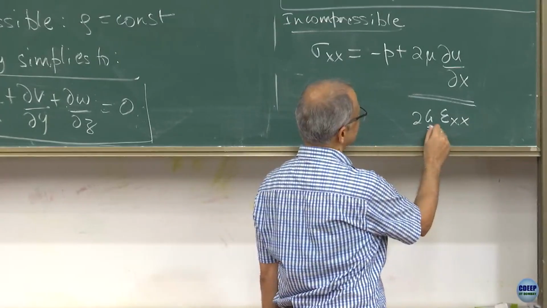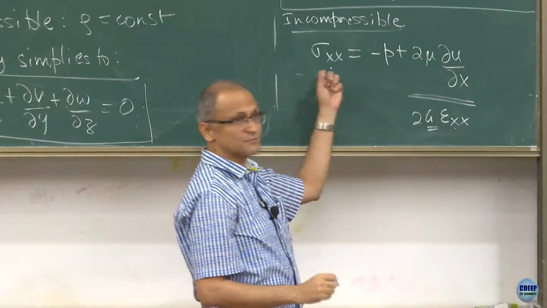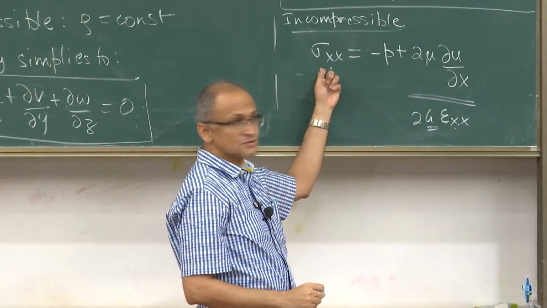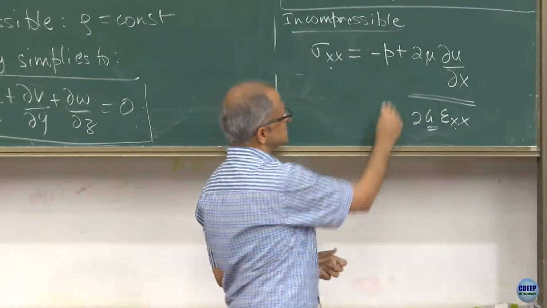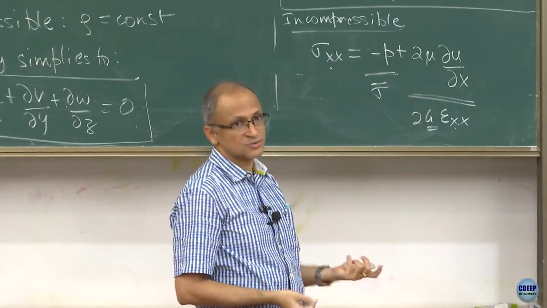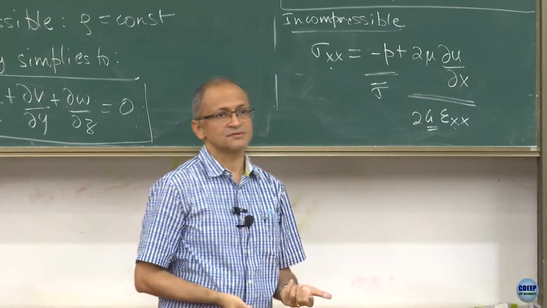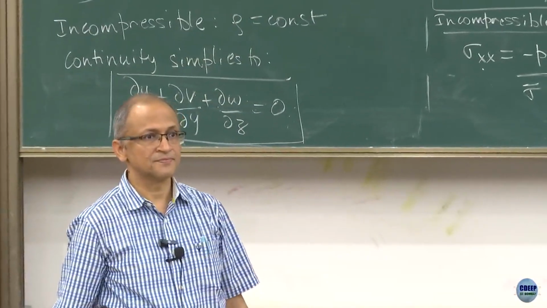So epsilon xx was depending on sigma xx. It was also depending on other stresses, which are contained here. This was your sigma bar. So it's the same thing. We have just changed our language, but the information is the same.